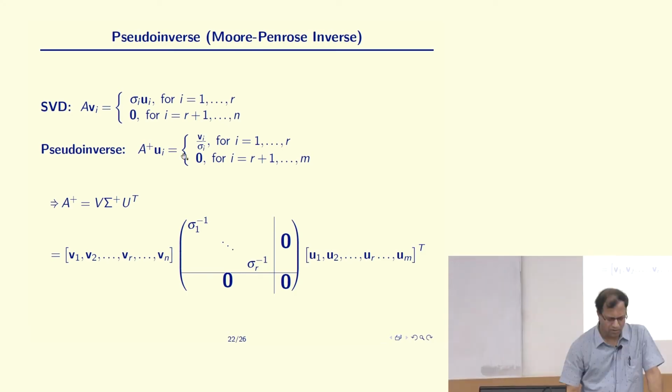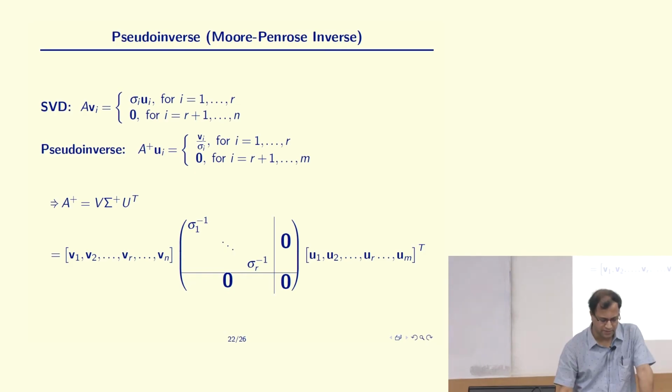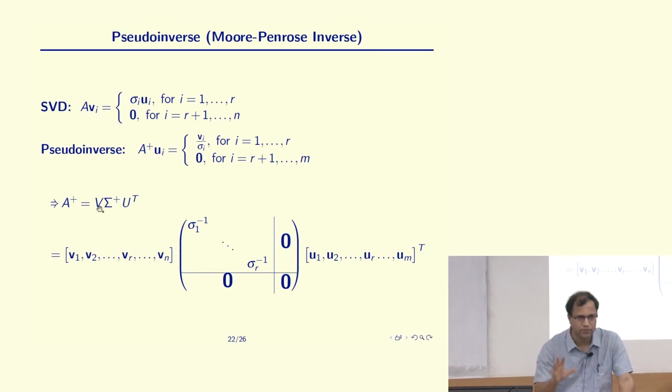So this is the technique of how to compute it. First define this A plus, your inverse mapping or inverse linear transformation corresponding to the mapping A, and we will define it in this way. If you do a little bit of computation, you will see that you can write A plus in a similar way to how we defined the SVD.